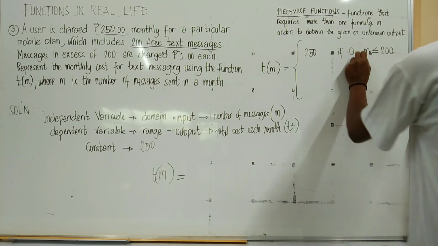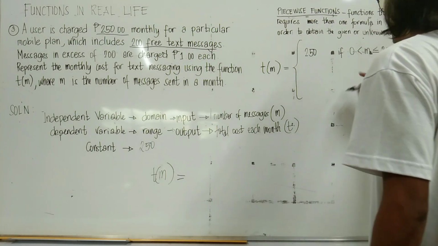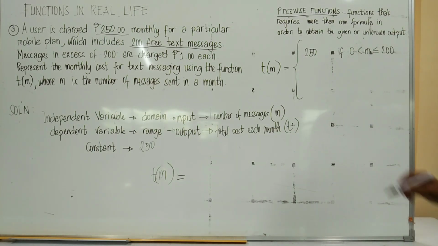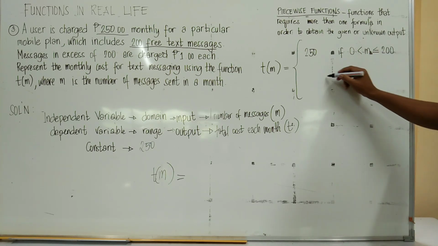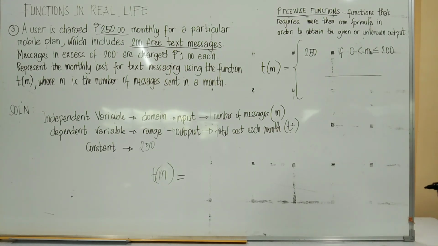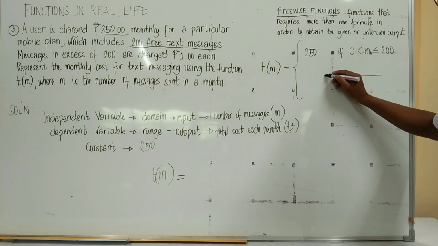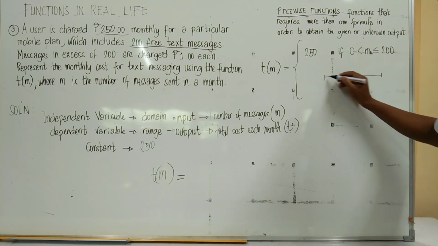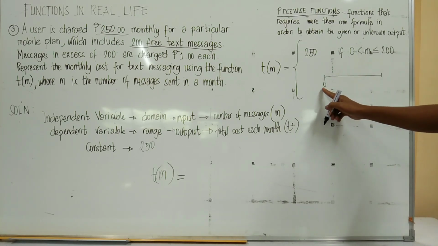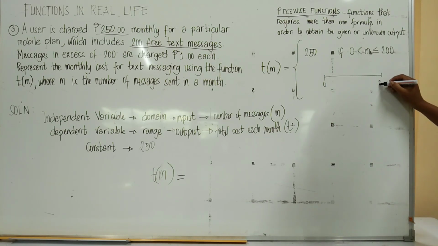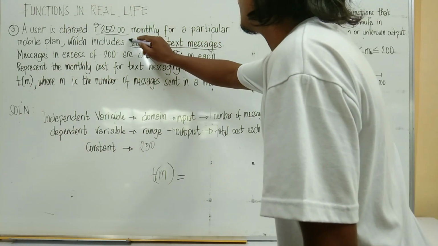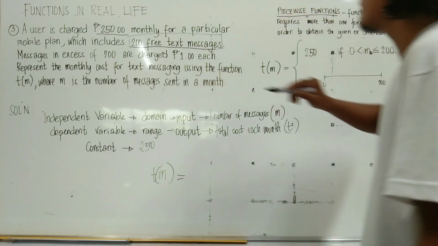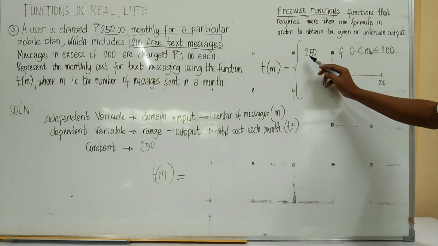So again, let's go back to our domain or condition for your piecewise function. M is greater than 0 but less than or equal to 200. If we present it using a line graph, we can say that this is from 0 to 200. If we use up to 200 text messages, we will pay 250.